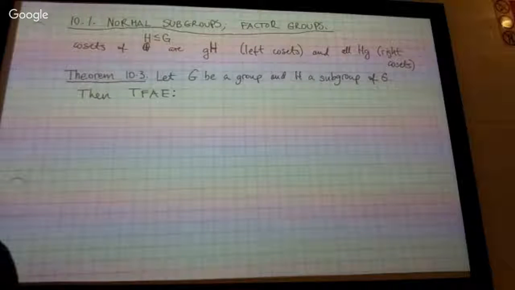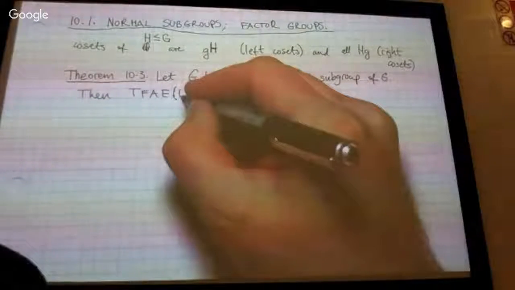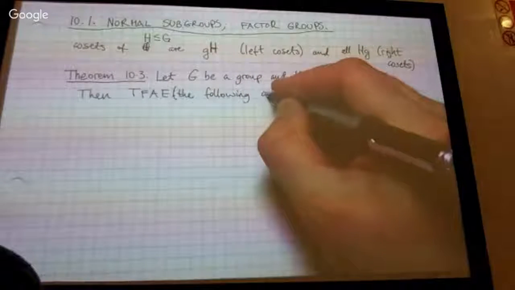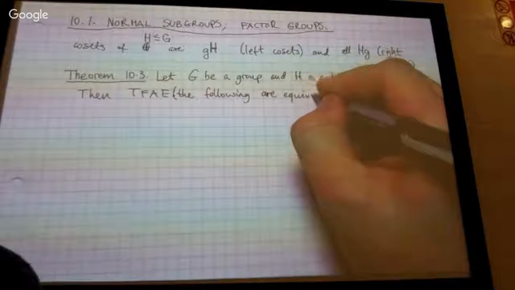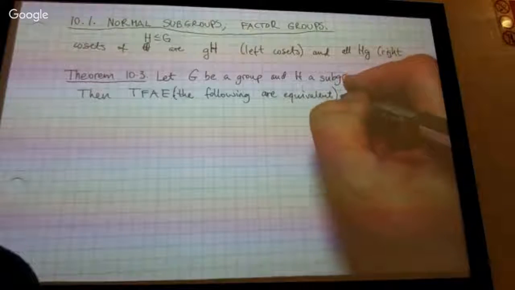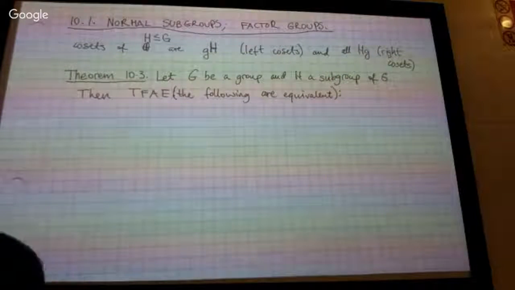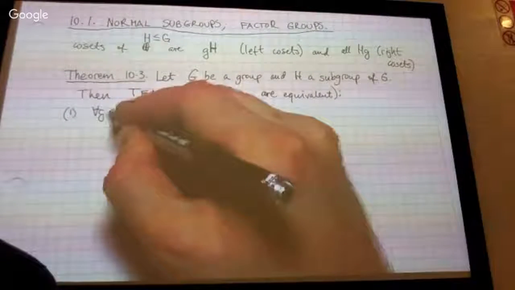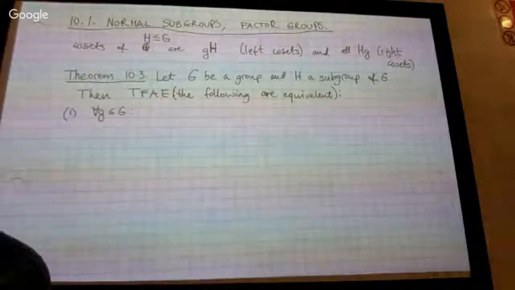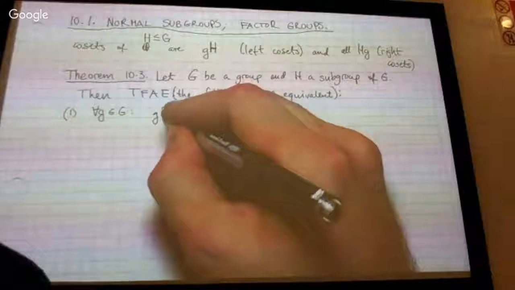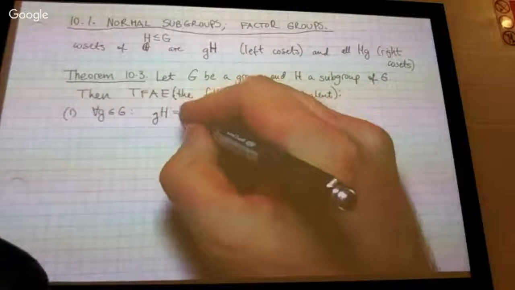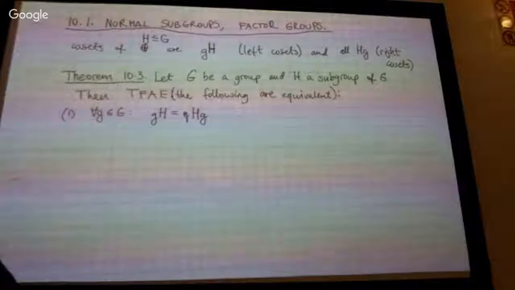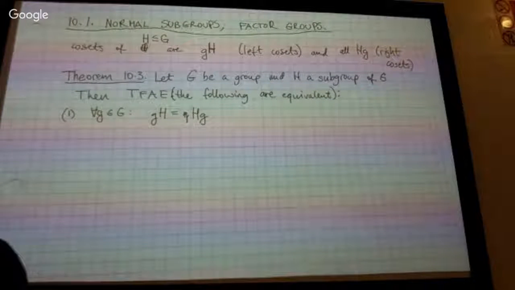The following are equivalent. Number one, no matter what element of G I pick, the left coset is the same as the right coset, of the subgroup H defined by this element of G.